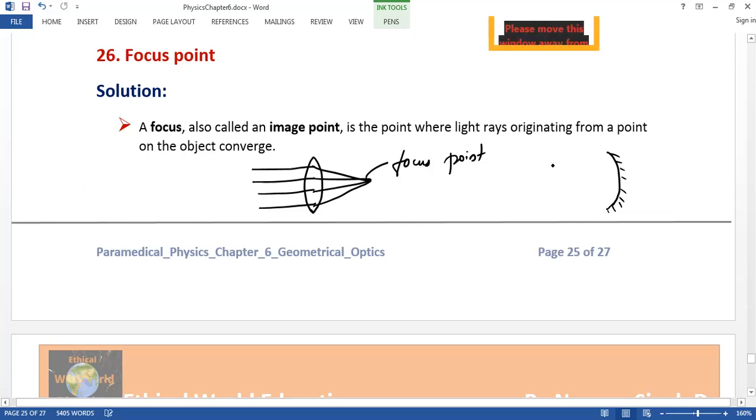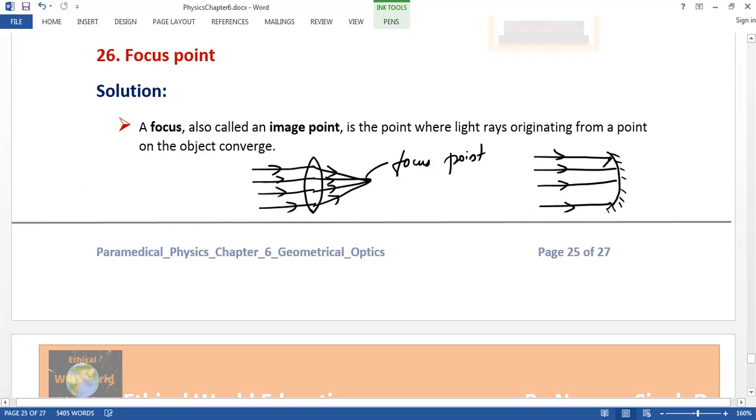When parallel rays of light fall on the concave mirror, all these parallel rays converge at a particular point, and that particular point is called the focus. In a concave mirror, this is the focus point.